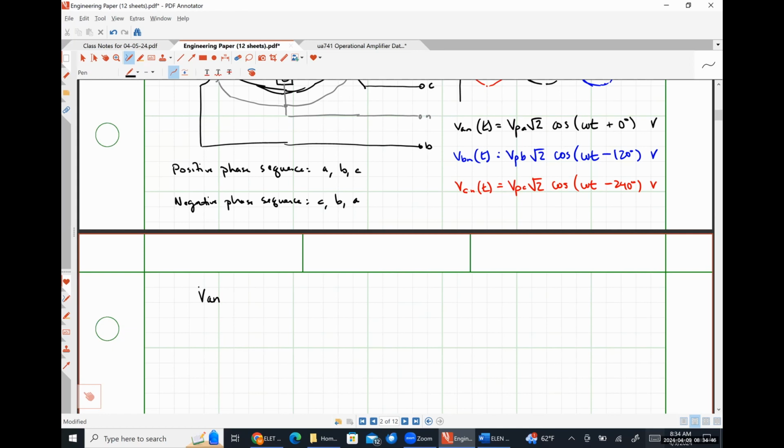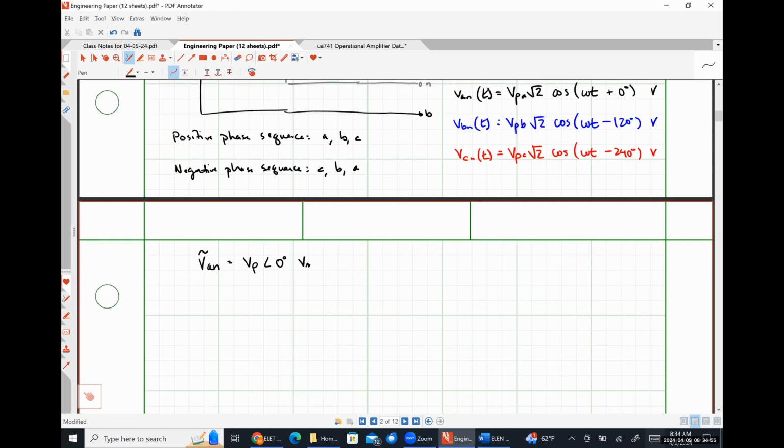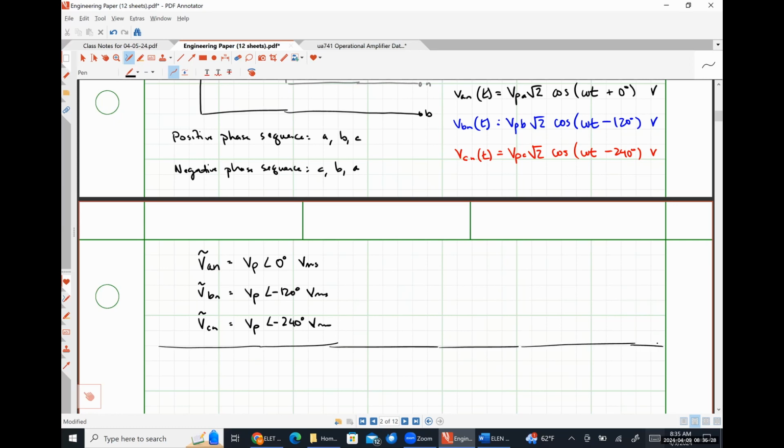We'll have an RMS voltage VAN that's just going to be VP angle 0 degrees volts RMS, VBN, which will just be VP angle negative 120 degrees volts RMS, and VCN would be VP angle negative 240 degrees volts RMS. So those are what our RMS phase voltages for the source will usually be.